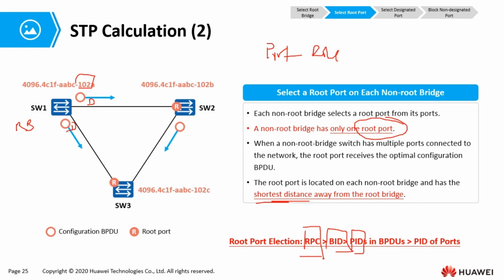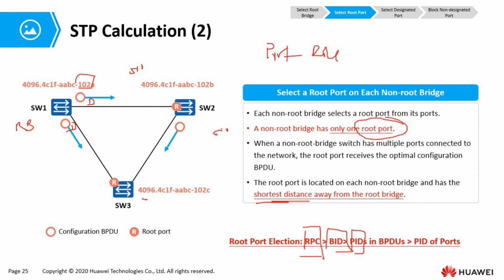Now we compare the root path cost. The port opposite the root bridge's port on the other switch will become the root port. For example, if by default the cost is 500 here, it is also 500 there, and when it reaches the next switch the root path cost increases.